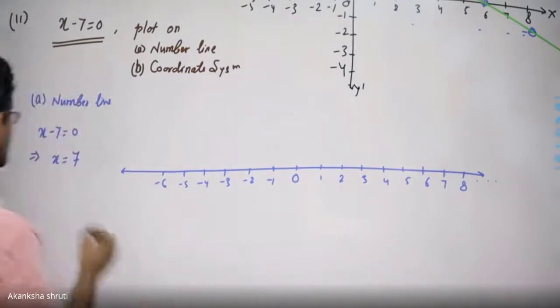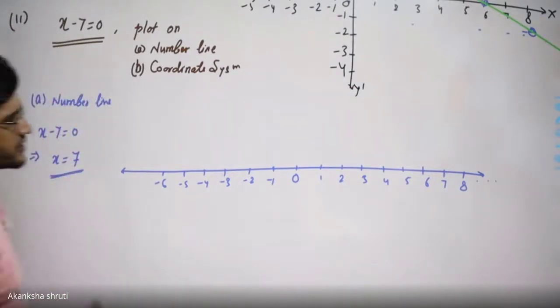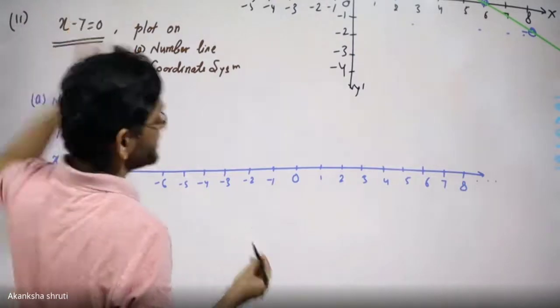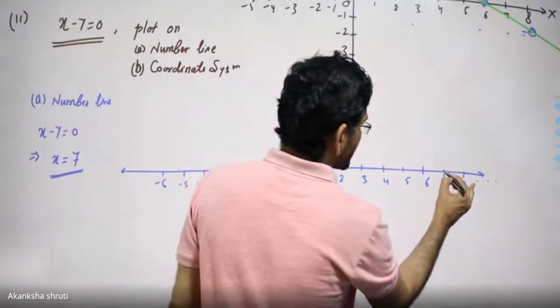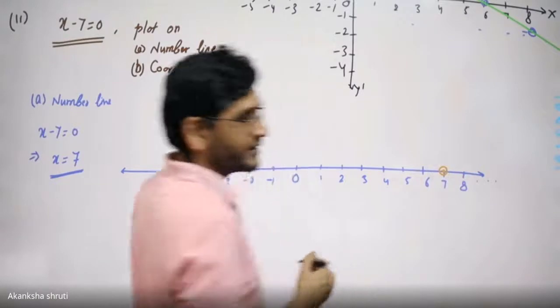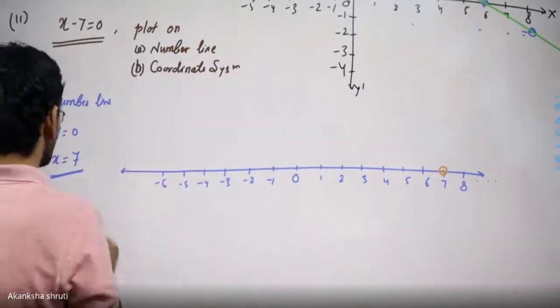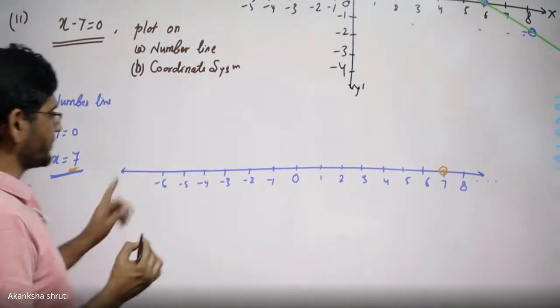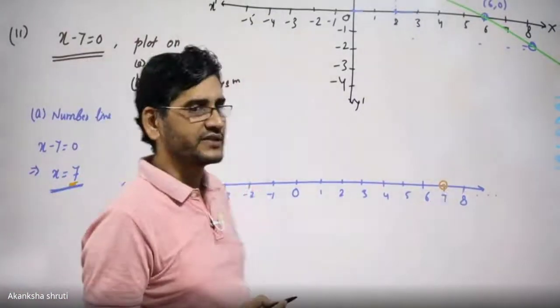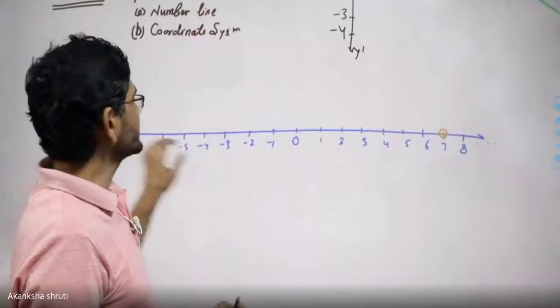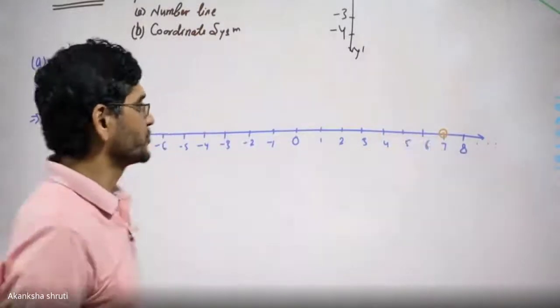So x equals 7 we have to put. So just mark x equals 7. It is here. This we have done in our chapter number 1, how to put the real number 7 on the number line. It is simply like that. So on the number line, only one horizontal line, there we have to put.